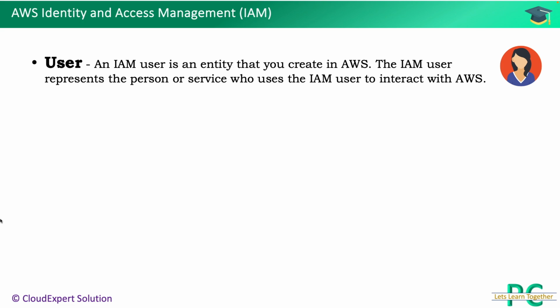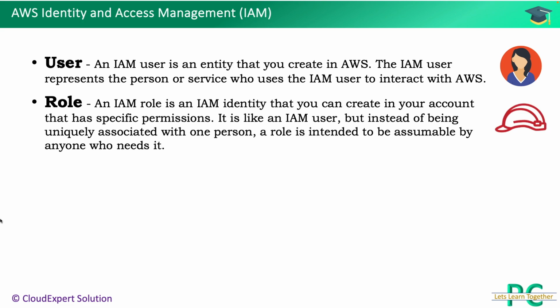To start with, user. An IAM user is an entity that you create in AWS. An IAM user represents the person or an AWS service who uses that IAM user to interact with other AWS systems or services.